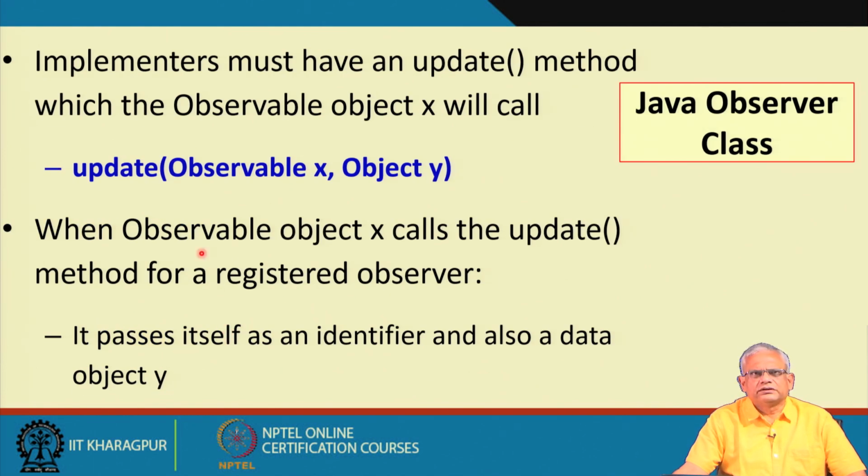And as usual, the update method is supported by the observer classes, with the parameter observable x, that is, which observable has changed, because an observer might be monitoring the state of many observables. Based on this parameter, the observable ID, the observer can know which observable or model has undergone a change, and the object y is specific information about the change.